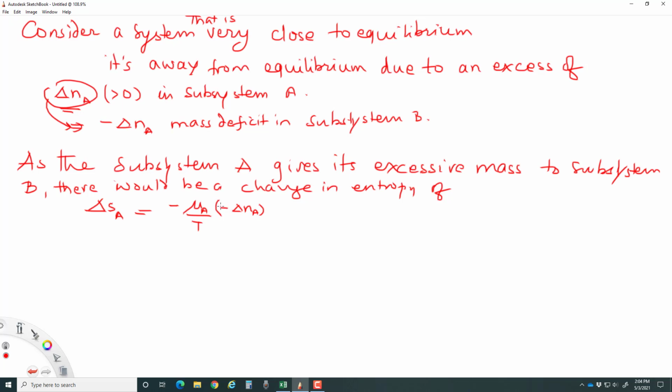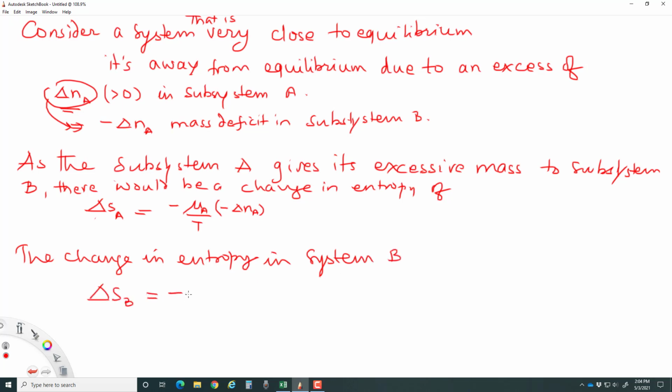So that's the heat, and heat over T gives the entropy. And likewise the change in entropy in system B would be given by delta SB is negative mu B over T times the number. Here it's delta NA, positive because it's gaining the number.